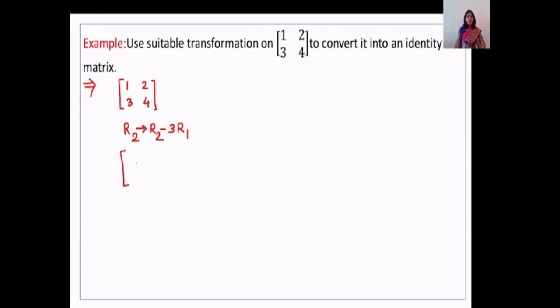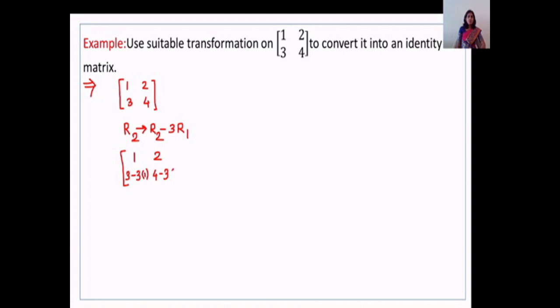Here the change is in R2, so R1 is as it is, 1, 2. What is R2? R2 is 3 minus 3 into, what is R1? 1. Now R2 is 4 minus 3 into, what is R1?